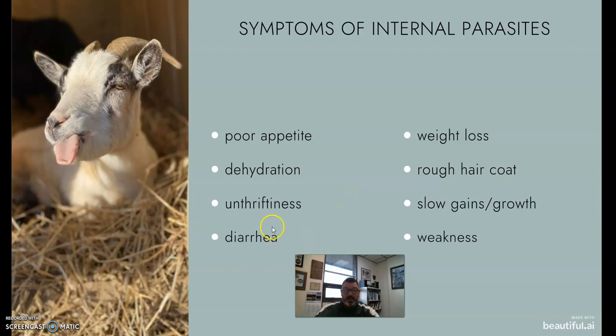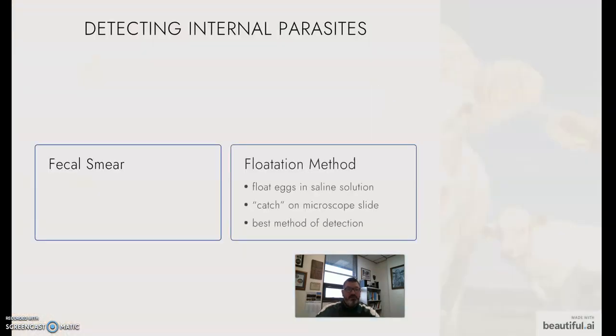They may have full-on diarrhea. They may have periods of weakness. They may have continual weakness or listlessness, slower gains and slower growth rates, and certainly weight loss could be problematic. But you may see one or a number of these different symptoms among others that could develop.